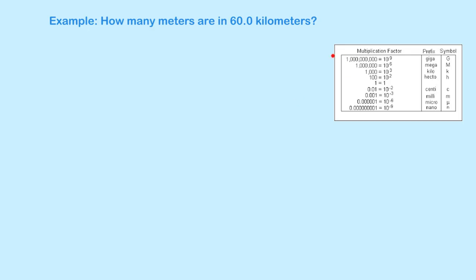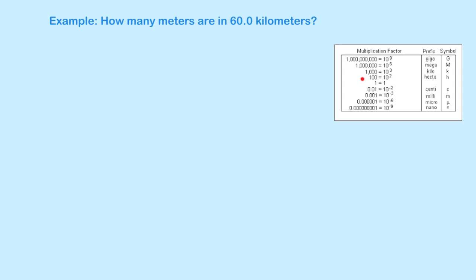If you look at the table here, you have symbols in this column, the prefix name in this column, and the multiplication factor in this far left column. Let's look at one that you guys might be familiar with, and that's kilo. Kilo has a little k as the symbol. Its factor is 1,000 times bigger than the unit.